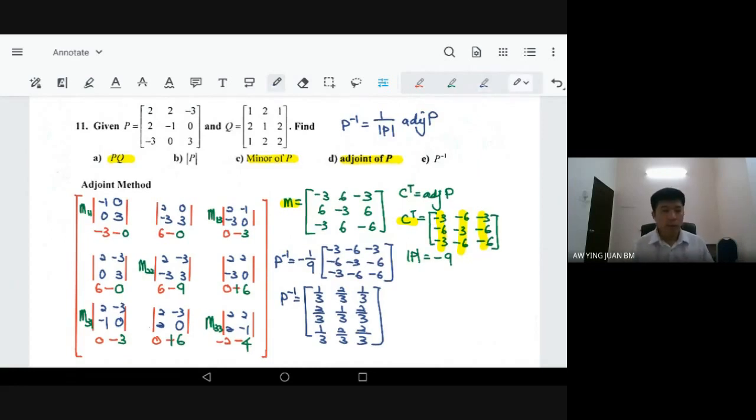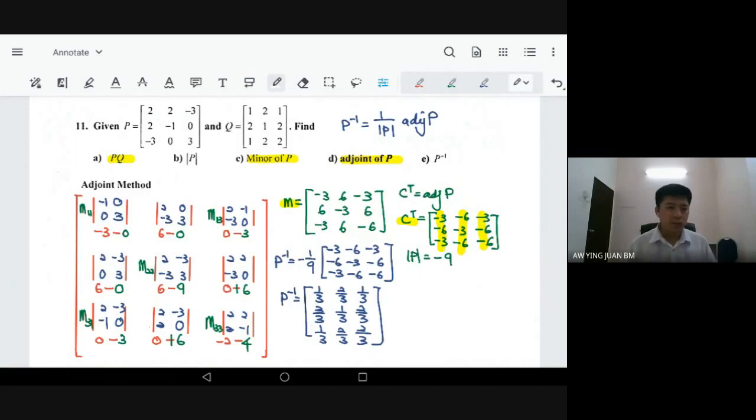This process, we call it the adjoint method. Meaning that we have to find the minor, cofactor, adjoint of P, or we can say the C transpose, and then finally find the inverse for the matrix P.